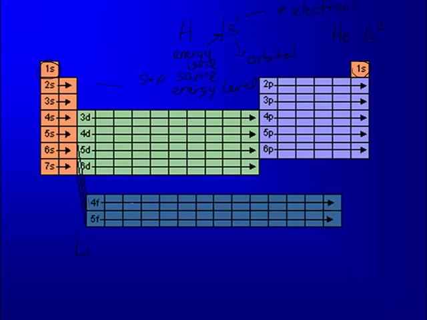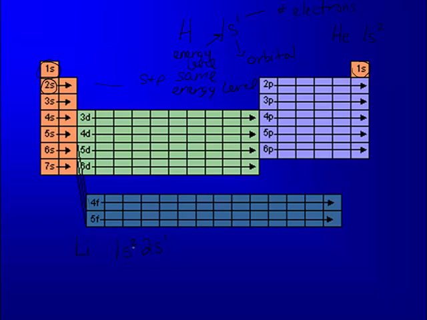Okay, lithium. Lithium is right here. It's my 3rd electron, my 3rd element. I still have to start at the top. So I'm going to fill it up and say, okay, this is full. If it's full, I have to write it down: 1s2, then it's full, go to your next level. What do I have? It's going to stop right there, 2s1.